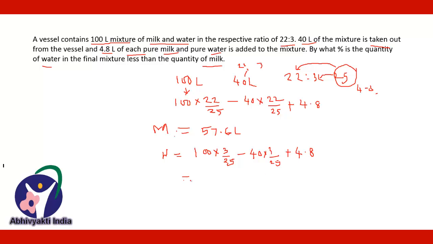So the water's quantity in the mixture after taking out 40 liters of mixture is this much, and after solving this you get 12 liters.